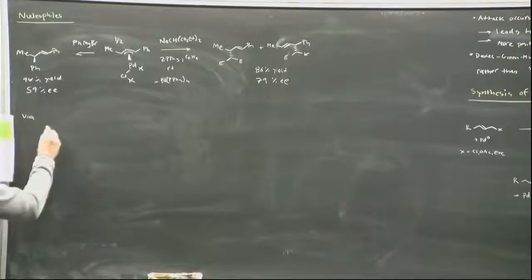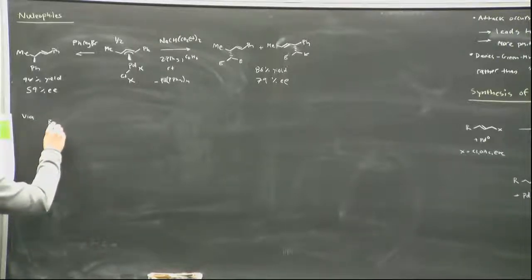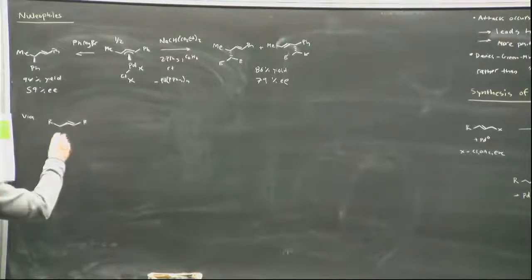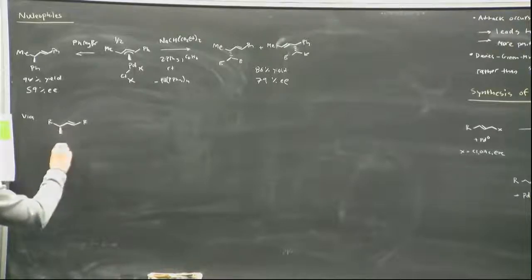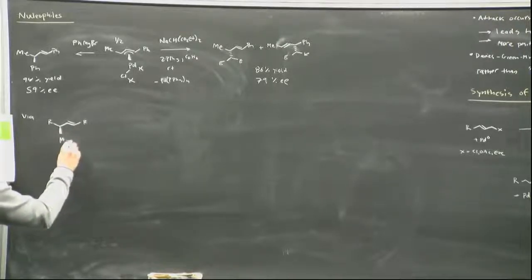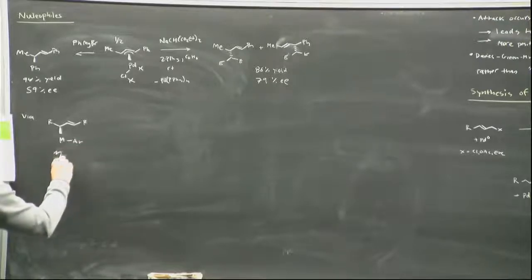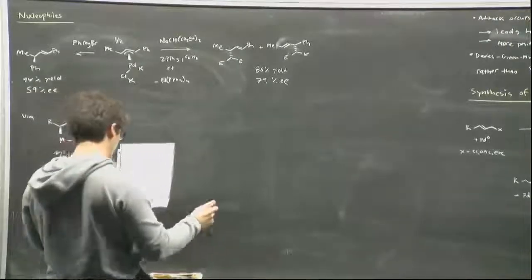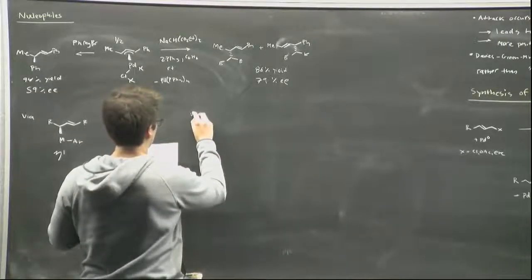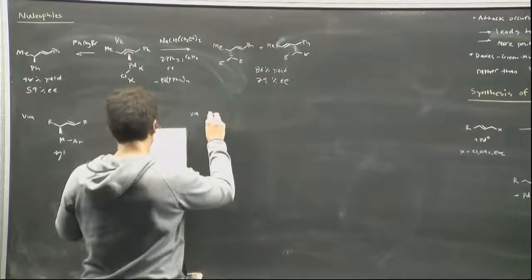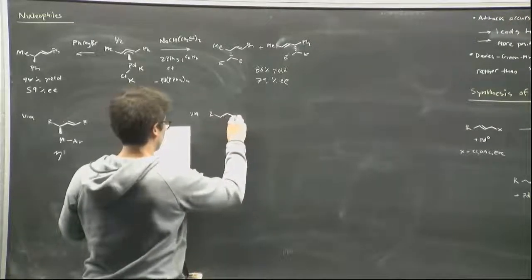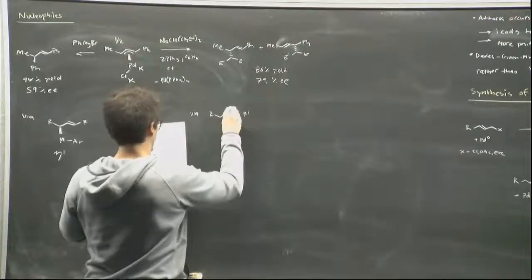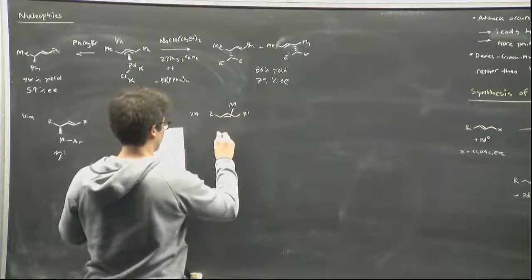And so with hard nucleophiles, the reactions proceed, let's say a reasonable mechanistic proposal is that the reactions would proceed via an η1 intermediate. And soft nucleophiles would proceed via a classical η3 intermediate.